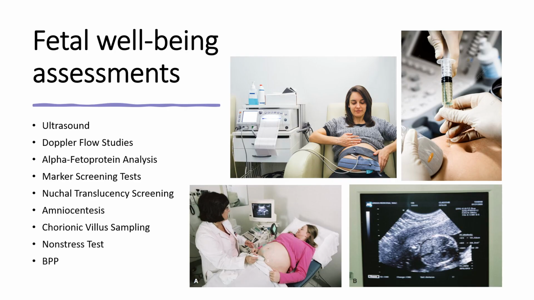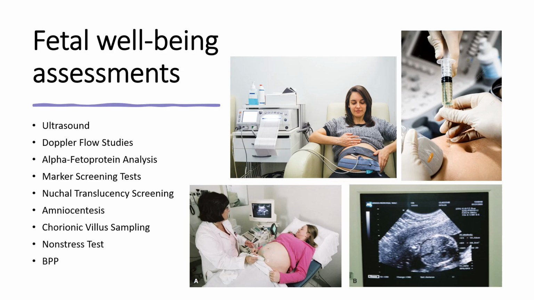All right, let's talk about fetal well-being assessment. So first and foremost, once we get confirmation that she's pregnant, the patient may also have a formal ultrasound. An ultrasound is the most definitive way to confirm a pregnancy.